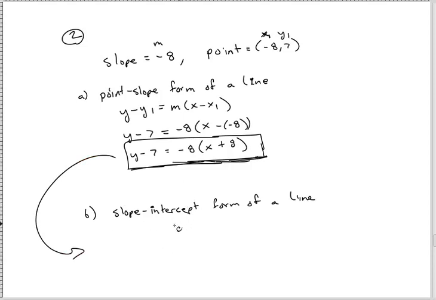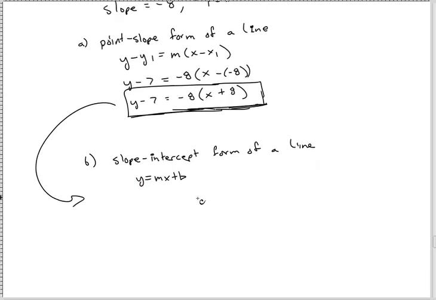And what they mean by slope-intercept form is y equals mx plus b. And so, well, let's do that. I'm going to just basically take this and keep on simplifying. Distribute your negative 8, and so we get y minus 7 is equal to negative 8x minus 64.